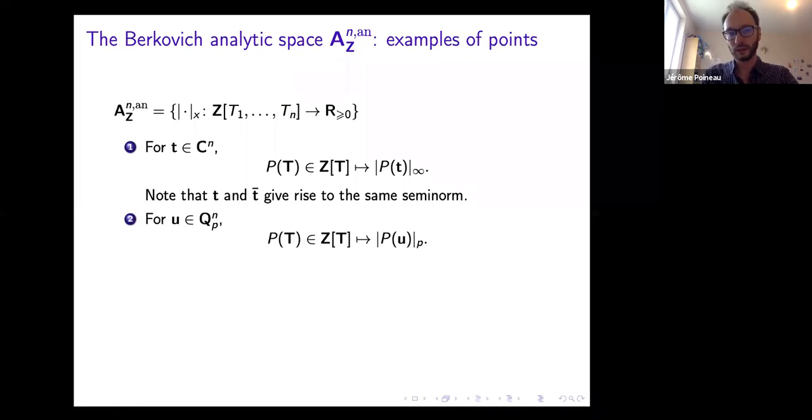But then you could also do the same thing with some element in Q_p, right? So you evaluate at the Q_p point and compose with the p-adic absolute value, okay? And then, of course, your residue field here is basically Z. You take the fraction field, so basically you go to Q, and then you complete with respect to the p-adic absolute value, so you get a residue field that is Q_p.